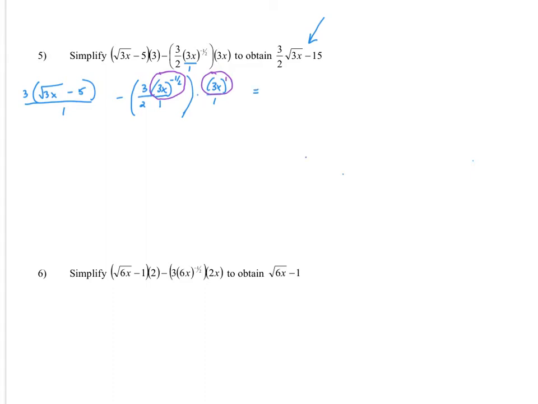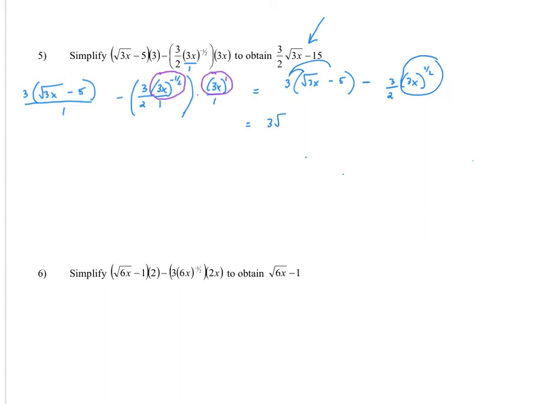So if we had noticed that, we would have gotten 3 times root 3x minus 5 minus 3 halves, same base, add the exponents to get 1/2. Now we can distribute and rewrite this.